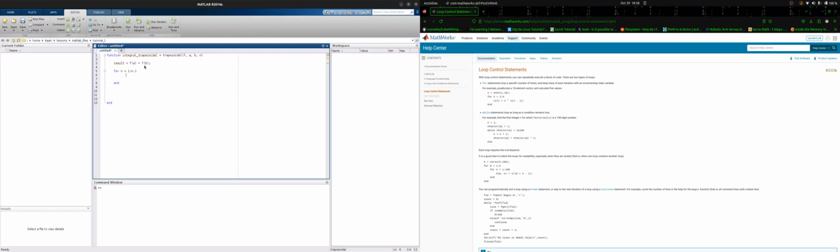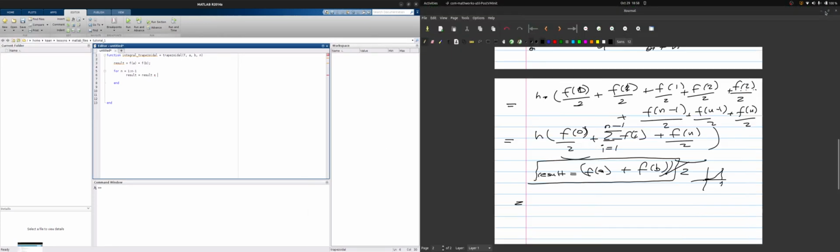And then we will keep adding: result equals result plus, here we need to actually make this sum symbol. So here we will say f_n.